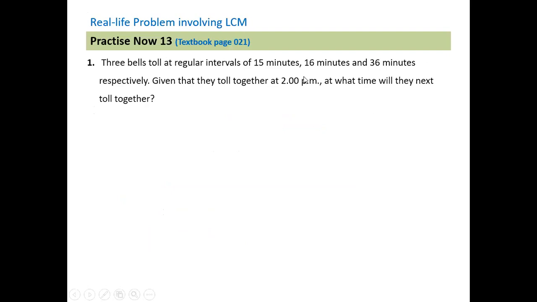Now, 3 bells toll at regular intervals of 15 minutes, 16 minutes, and 36 minutes. So we have 3 bells, A, B, C, for example. Every 15 minutes, bell A rings.